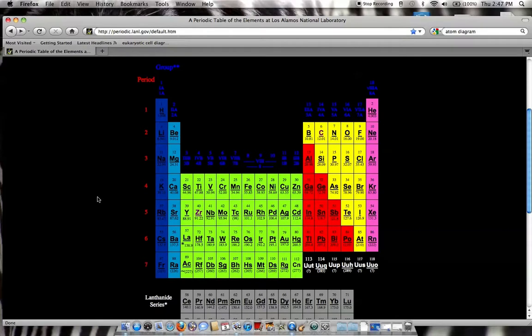But we can also find out what other things the 10 elements that living things are made of do. We can look those up and see what other information we can find out about those elements. So let's go ahead and take a look at some of that information.